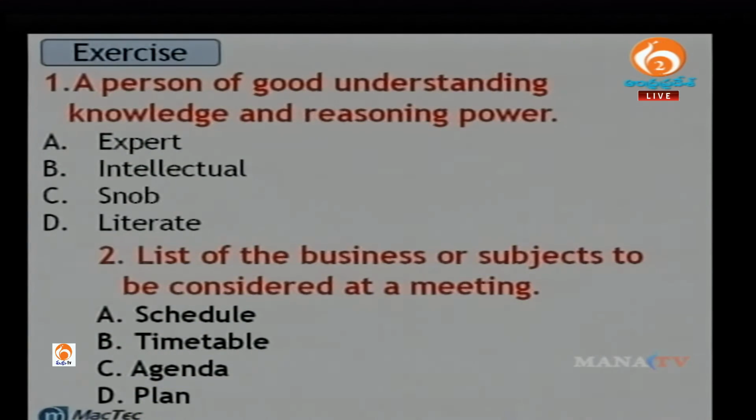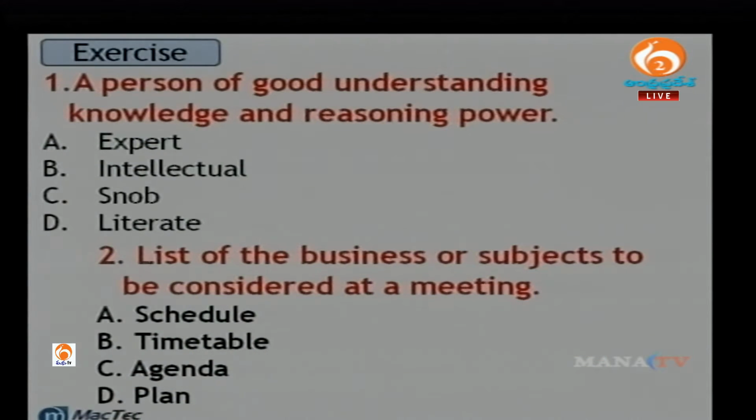Then you have an expert. I'm going to option A. Expert is a person who knows about one particular area really well, and the person is a master in that area. So that's an expert. So what do you call an intellectual? The question stem says a person with good understanding knowledge and reasoning power.